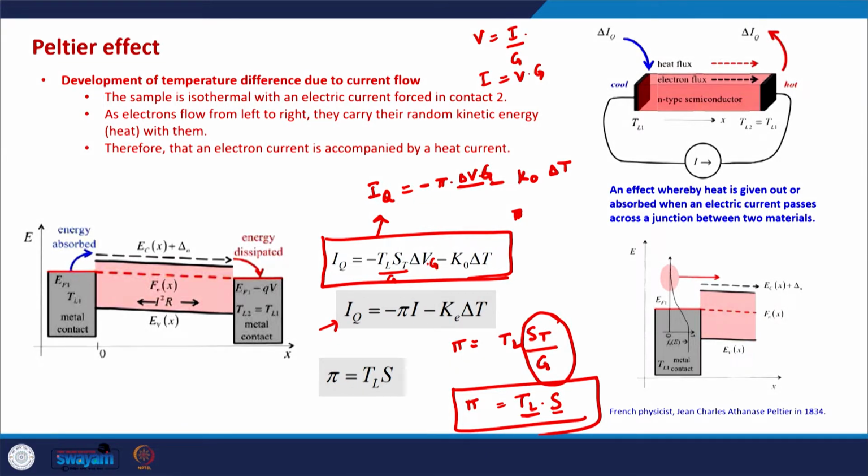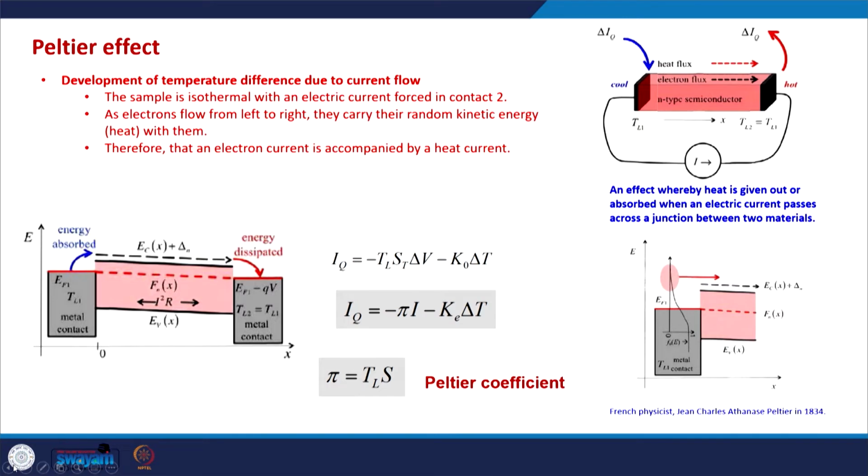And in other words, what it means is that if we do not apply any temperature difference, we take an isothermal conductor, so if this delta T is 0, in that case the Peltier coefficient is essentially the ratio of the heat current to the charge current at delta T equal to 0.